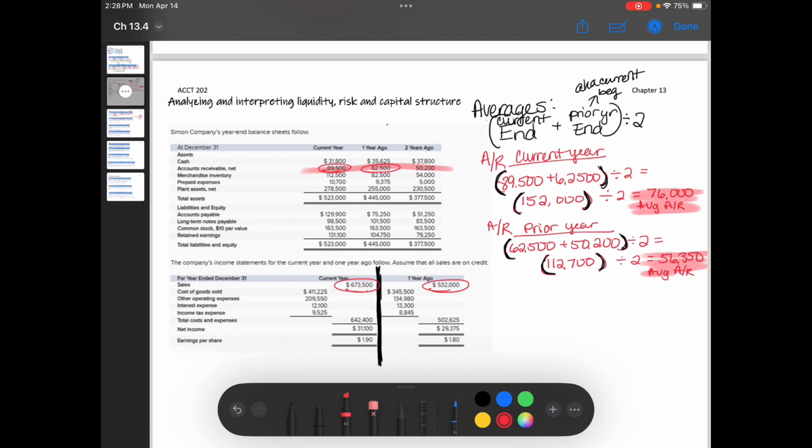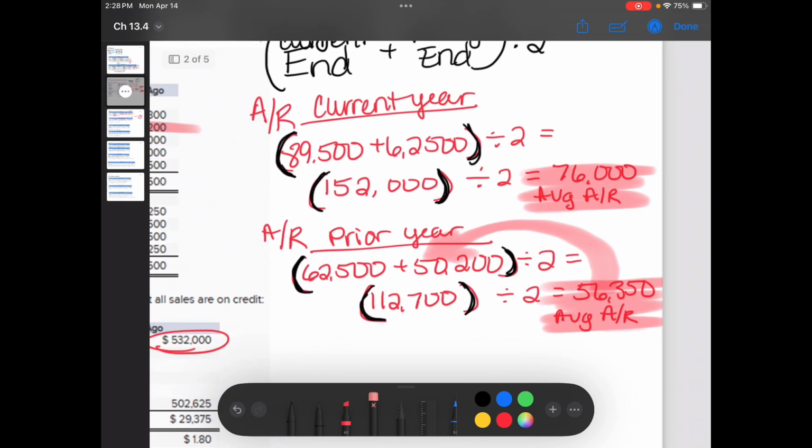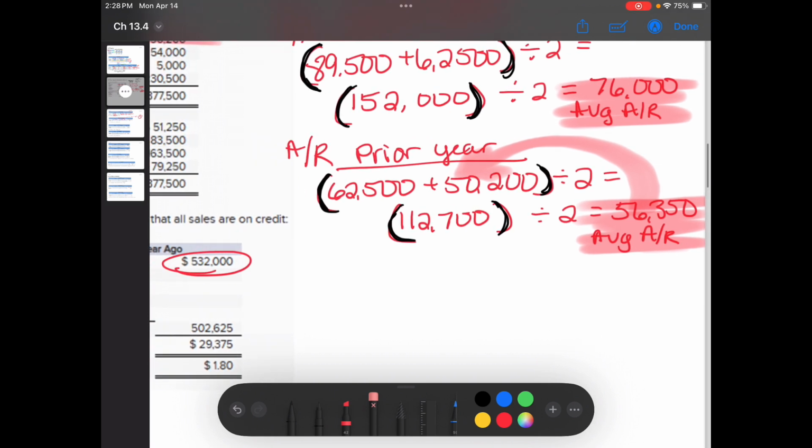And whenever you get those average numbers, make sure those numbers fall between the numbers you just added up. So if I were to do this last one that I'm looking at here, if I were to add these and my average, let's say my answer gave me $156,000 as my answer, 156,000 does not fall between these two numbers, right?